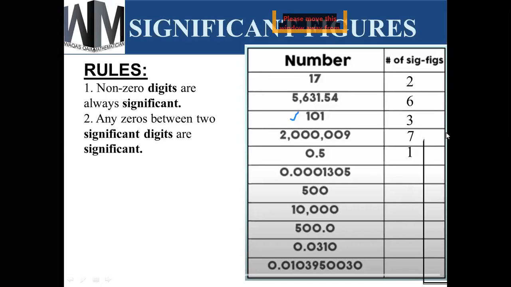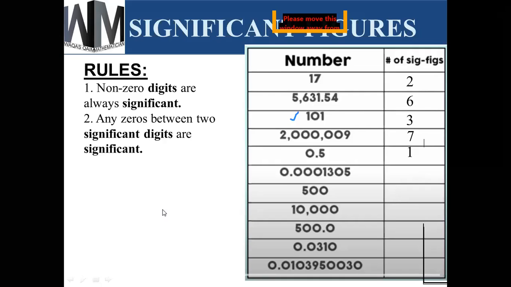So that's why this zero is not counted as a significant figure, and in 0.5 we have only one significant figure, which is 5. Any confusion with this one? Okay, let's see the next number.